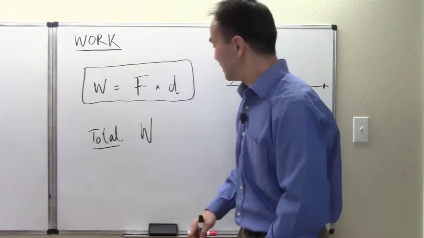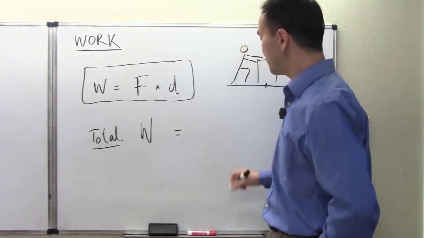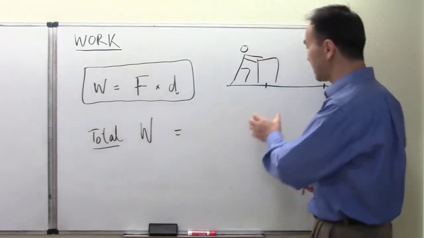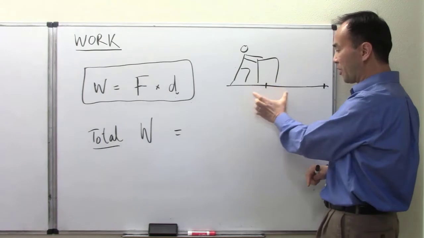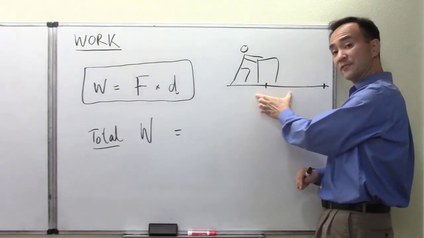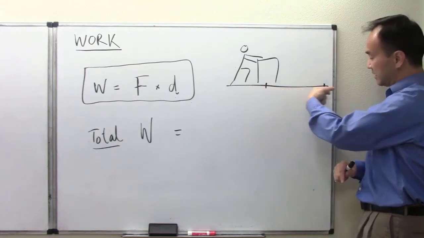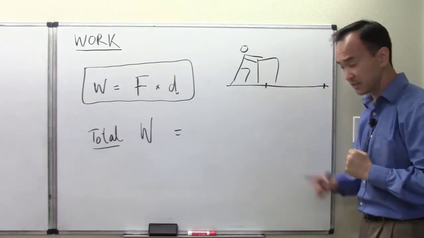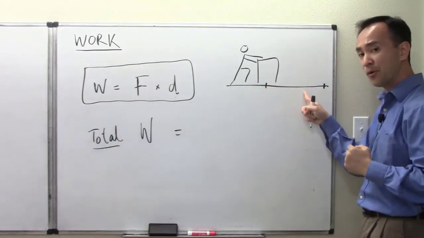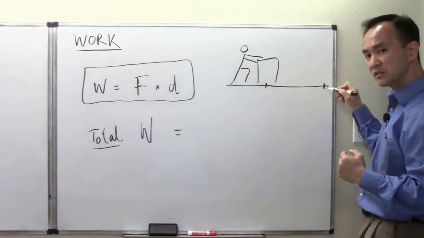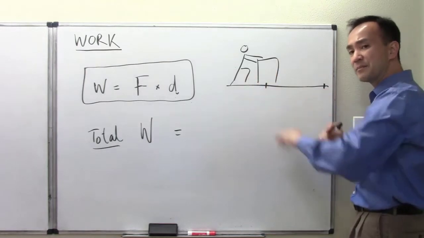All right, so total W here has to be, and as I described earlier, it could be that as he's pushing, the floor was smooth, so less force. And then as he's progressing toward the end of his path, the floor at some point becomes more rough, or the floor was smooth and then rough and then smooth and then rough, meaning he has to exert different amounts of force.